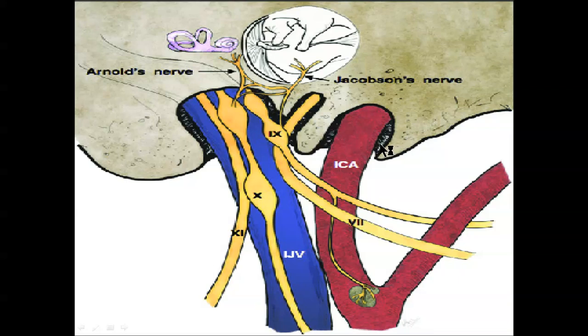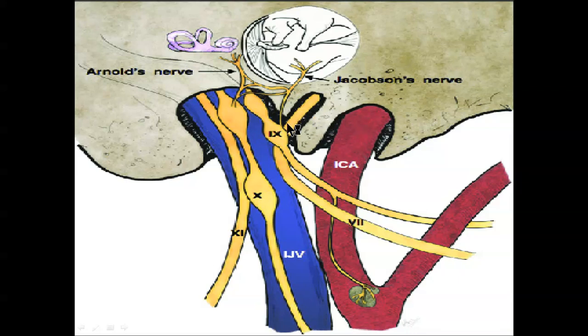So the ICA is over here, and the internal jugular vein. Now they both separate. Before, as I said, they were enclosed inside the carotid sheath, but now the internal jugular vein goes posteriorly, coming down from the jugular foramen, and the internal carotid artery goes inside.